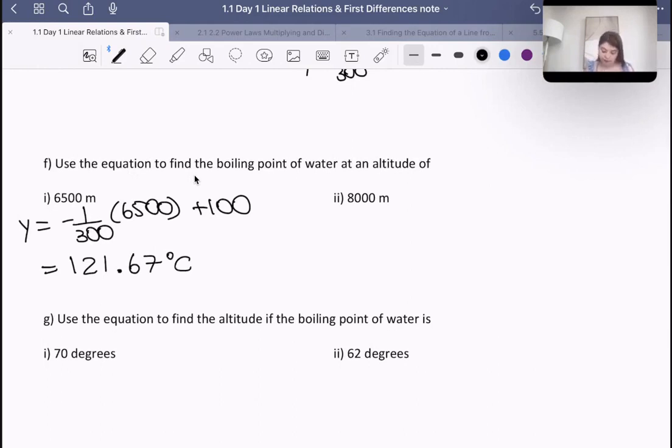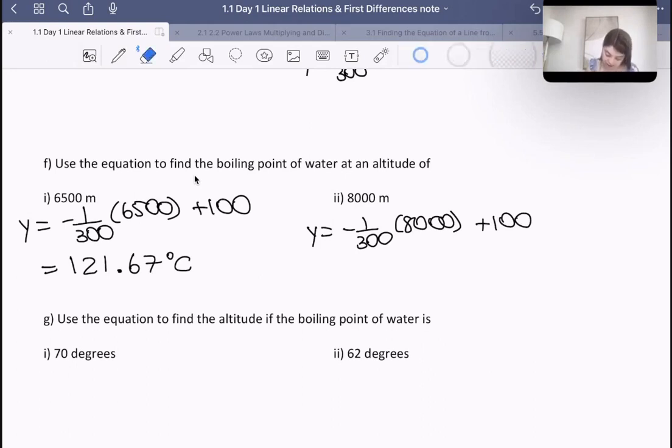Good. Now let's do the same thing with 8,000. So y is equal to -1/300 times 8,000 plus 100. Oh, my apologies. I have done this incorrectly over here. This one, so 6,500 divided by 300, and then we're adding 100 too.